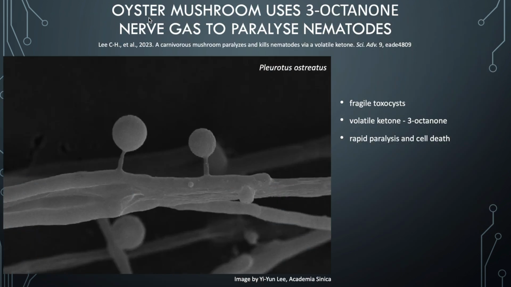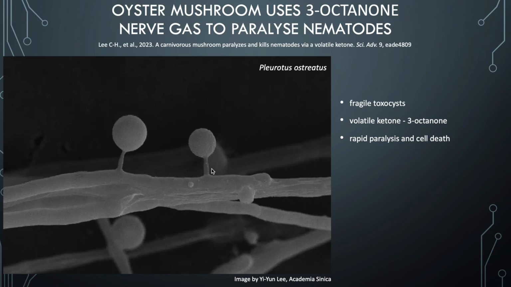So for example, the humble oyster mushroom produces these structures that look like lollipops called toxocysts. And these are filled with volatile ketones called 3-octanone. And they are quite fragile. So when a nematode disturbs these toxocysts, the gaseous 3-octanone is released from these structures, and this causes a rapid paralysis of the nematode via an influx of calcium into the nematode's neuromuscular system.